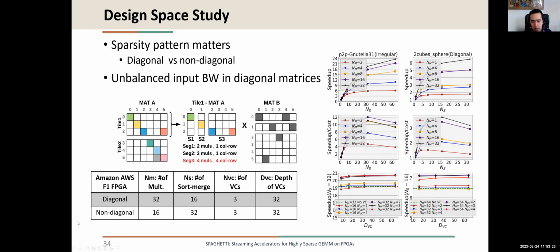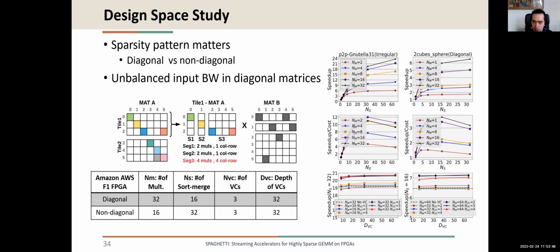For the number of VCs, we observe that 3 is a good option, and the depth of the VCs is 32. And as you can see, there is a sweet spot for every parameter. So we can just sweep the parameters and see what the best design is for every category of the tensors.